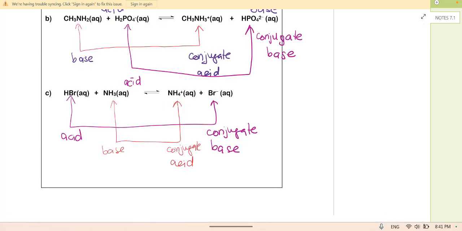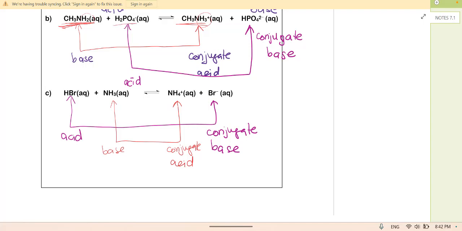Next example. Here we have CH3NH2. The product is CH3NH3+. From 2 hydrogen, the number of hydrogen increases, which means this molecule accepts a proton. So this is the base, and the pair is the conjugate acid.